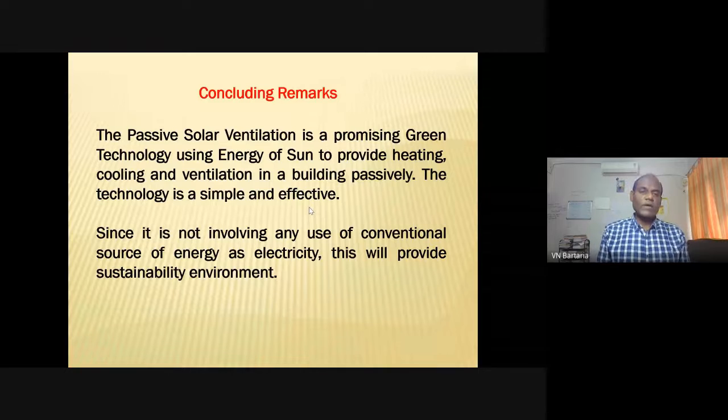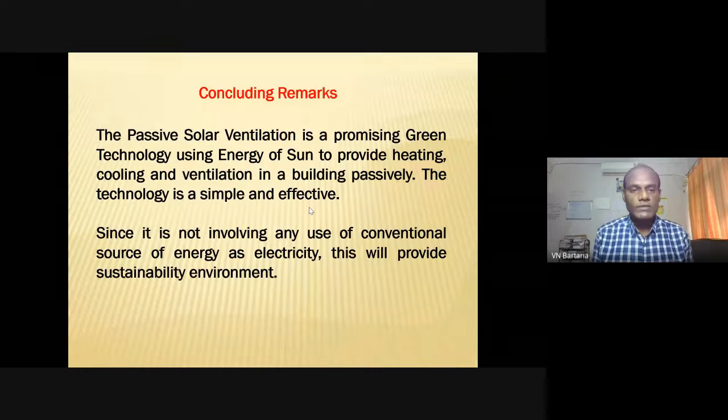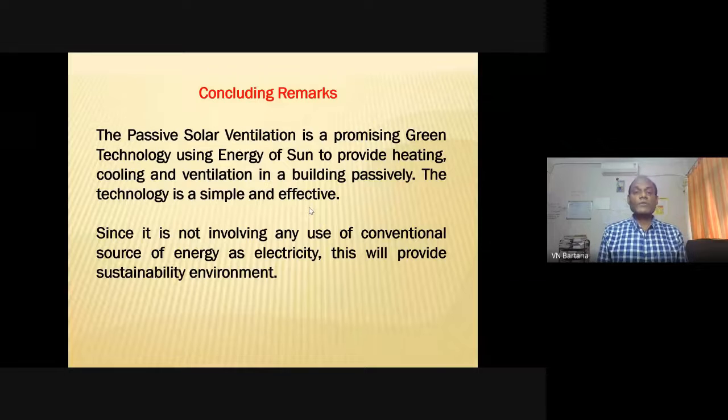This whole short-term training program is focused on sustainable solutions and environmental sustainability. So both of my sessions are contributing to making all the faculties and all the participants aware of the passive technologies, the requirement of adoption of these technologies, and usage of renewable energies, so that we can keep our environment sustainable.